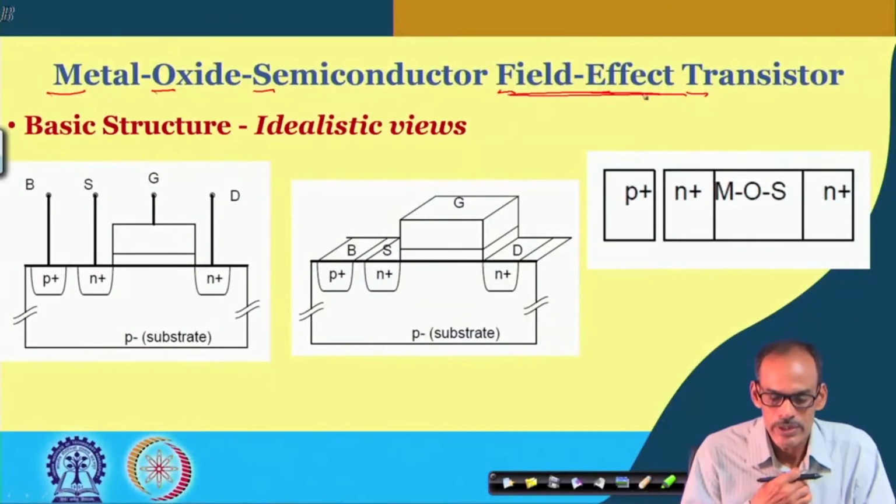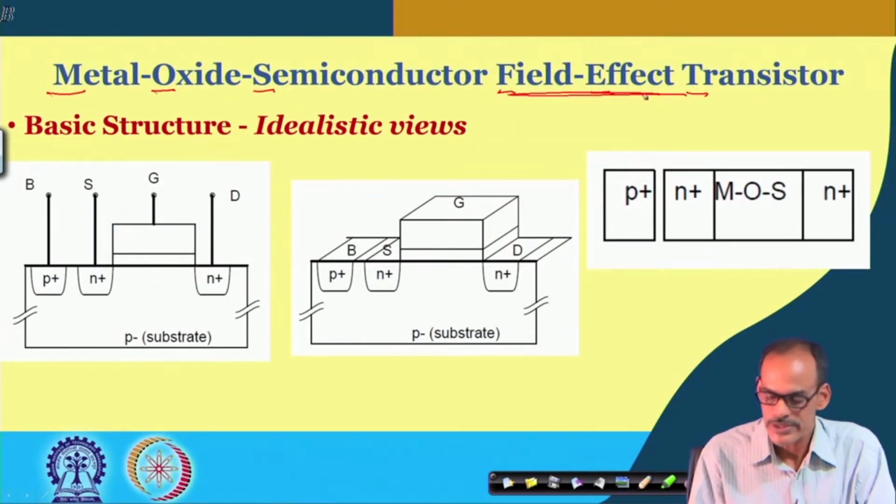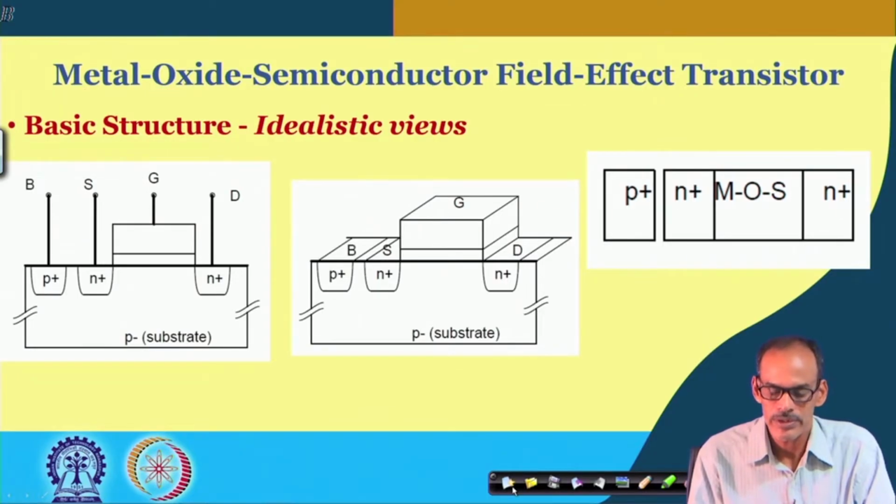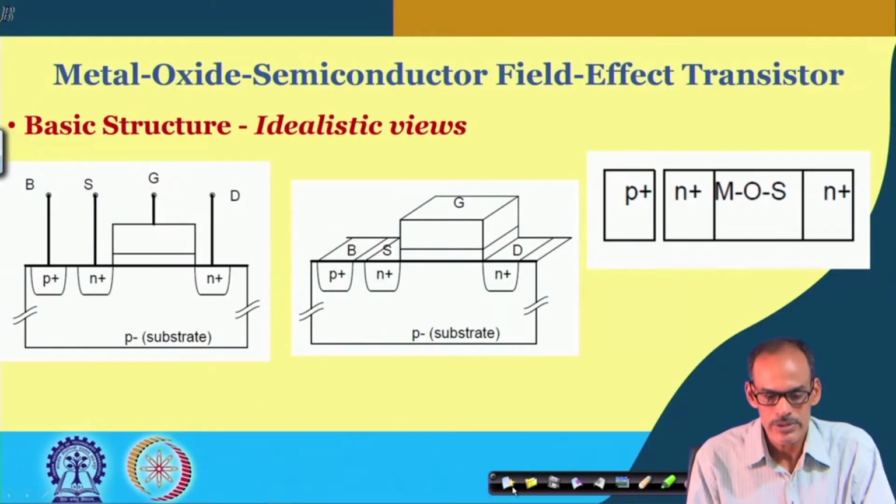Anyway, before I go to the basic structure, the MOSFET is a very important element in today's context. For analog circuits, of course, the BJT is a better option compared to the MOSFET.